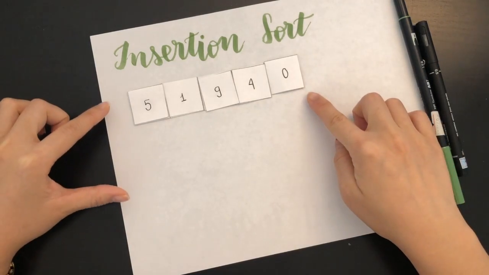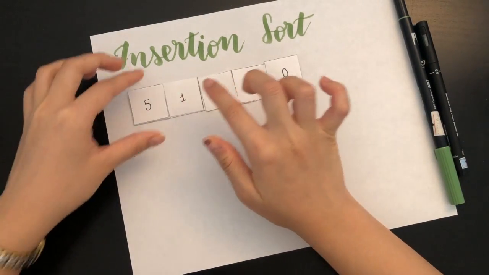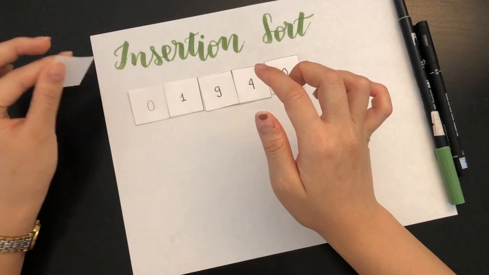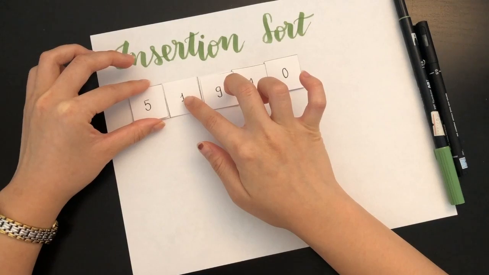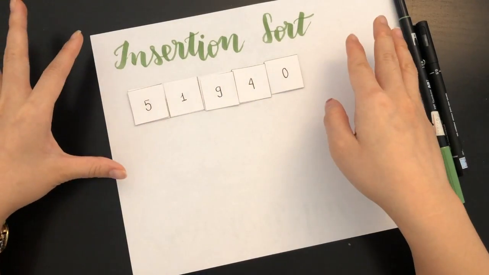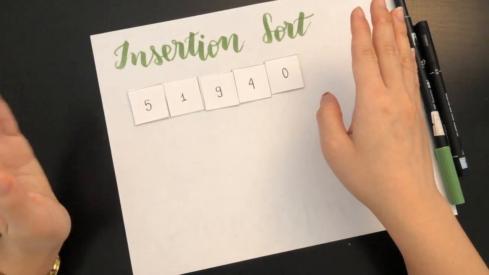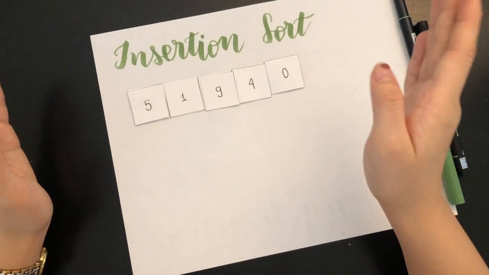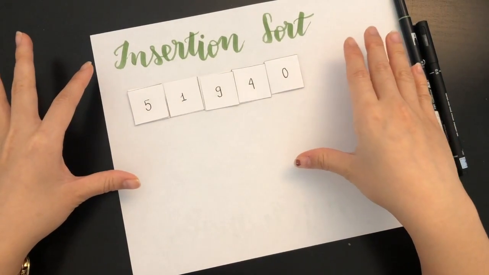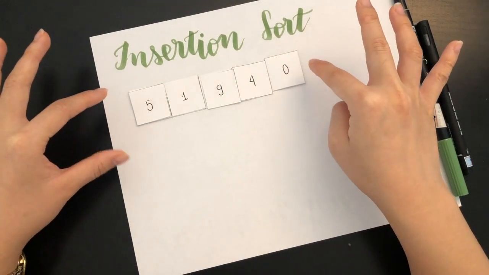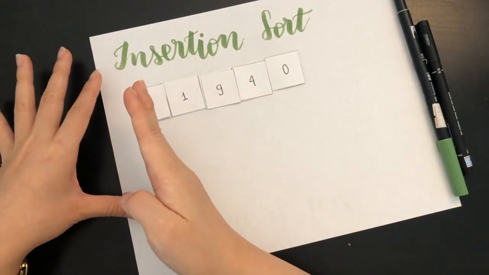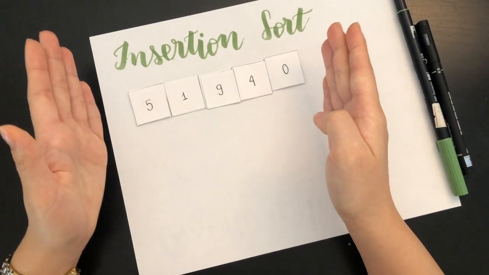So I have an array here, and underneath I have the indexes. The idea that the array can be split into the unsorted part and the sorted part is helpful in this situation. So now the whole array is unsorted, so the right hand side would be unsorted and the left hand side would be sorted.